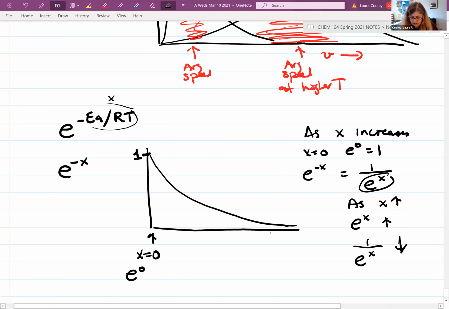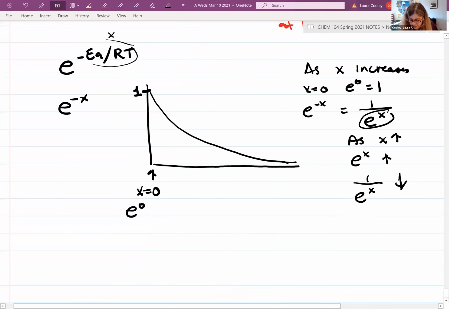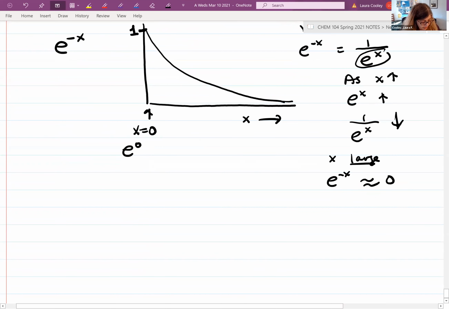We call it a decaying exponential. As x goes up, this curve goes down until when x is infinity, this thing is 0. If x is really large, e to the minus x is approximately 0. So it goes from 1 down to 0 pretty fast, okay?